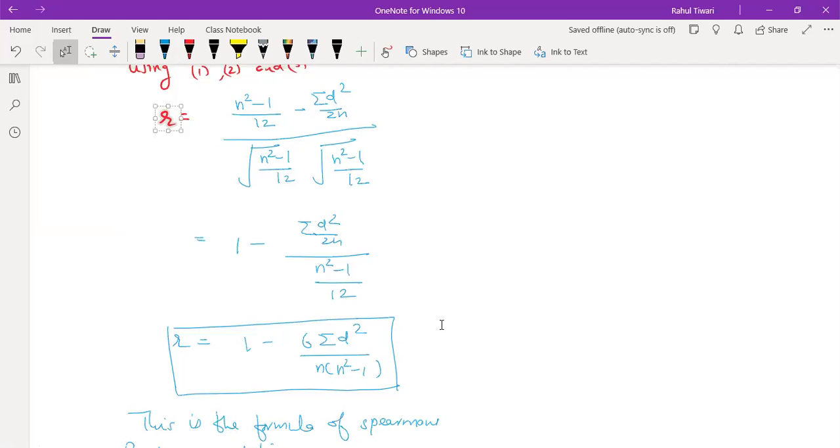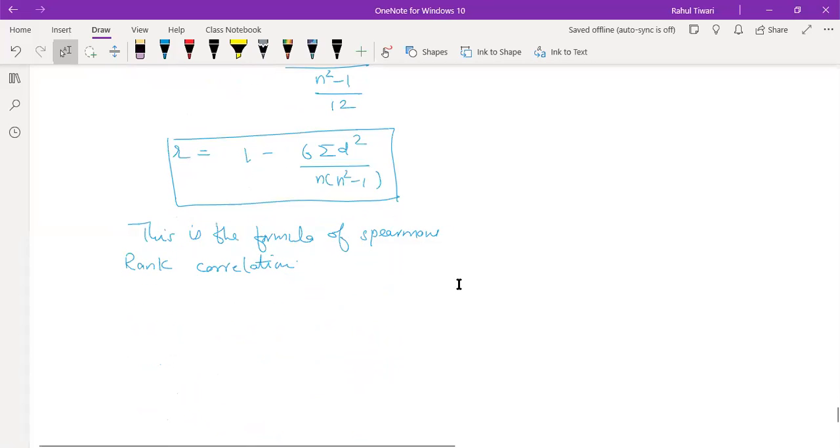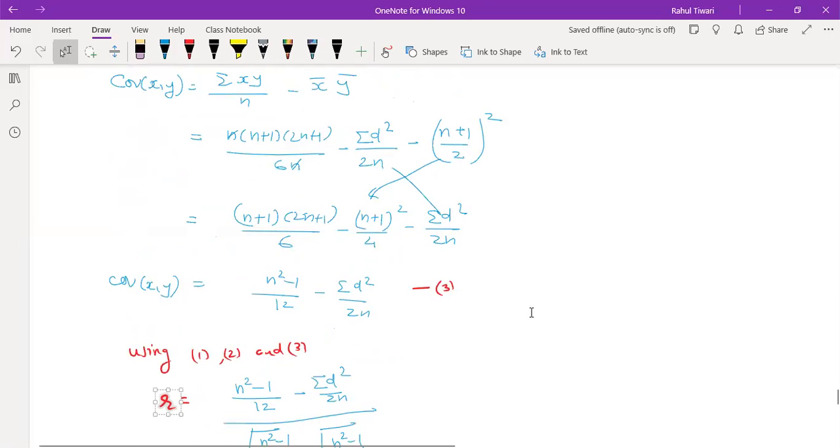Now what happens if my rank is repeated? Let me just finish this one first. If the rank is repeated, then what happens? Suppose we have two or three students, and we want to give them ranks according to their personality development.